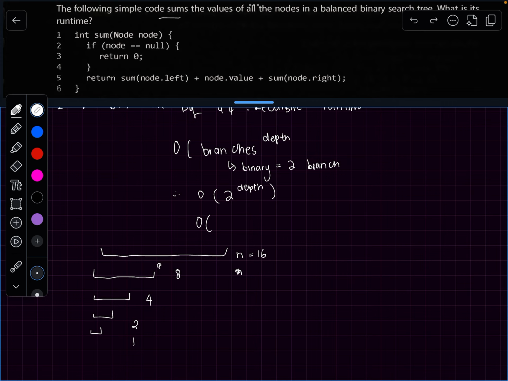Let's use a different color so it's not confusing. Let me just repeat that. After the first binary search, we had 8 elements, and on page 44, under the heading log n runtimes, we had to search for 9.